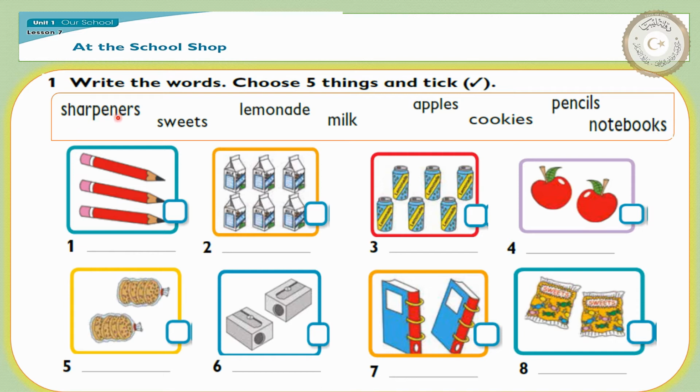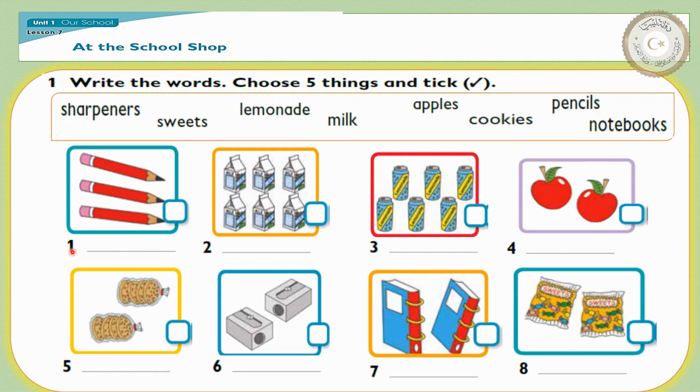So, sharpener, sharpeners, lemonade, apples, pencils, sweets, milk, cookies, notebooks. Now I want you to write these words under the pictures.